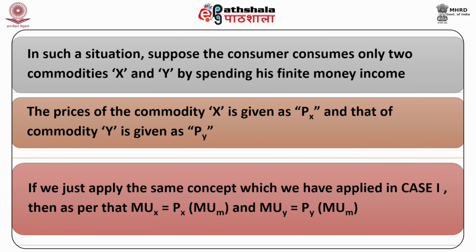Now, if we apply the same concept which we applied in case 1, then we can say that MUX is equal to Px into MUM and MUY is equal to Py into MUM. Since MUM is equal to 1, therefore MUX is equal to Px and MUY is equal to Py.